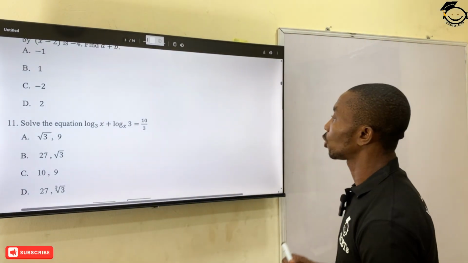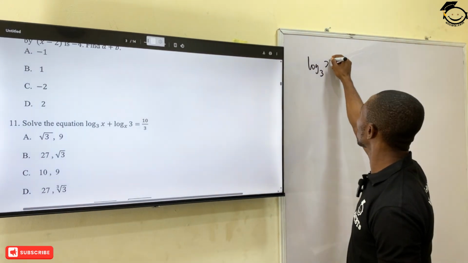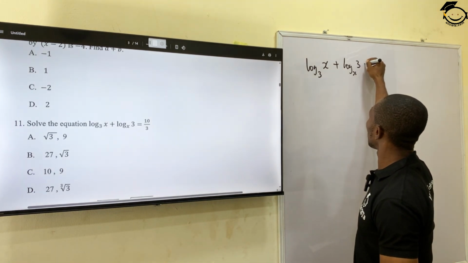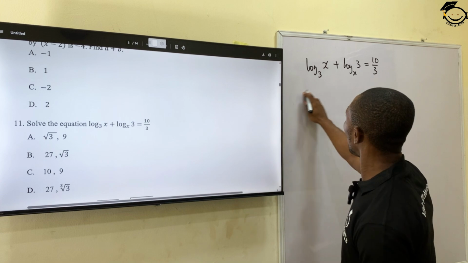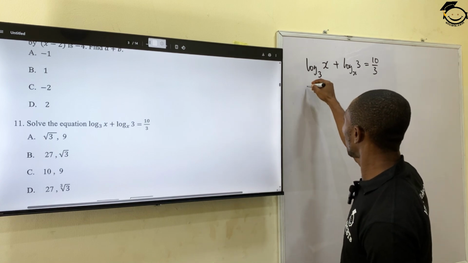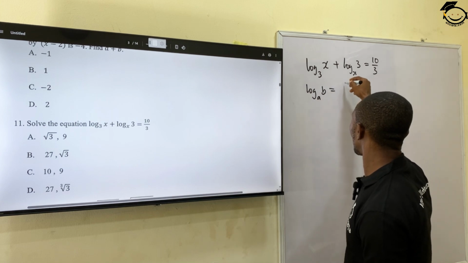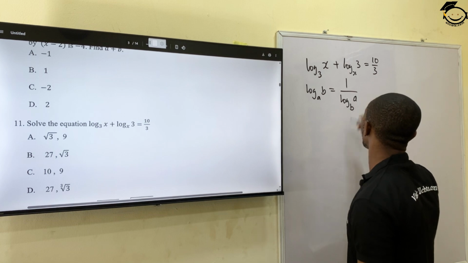Solve the equation log_3 x plus log_x 3 equals 10 over 3. Now, in solving this, we'll recall that if we have log_a b, we can rewrite it as 1 over log_b a.